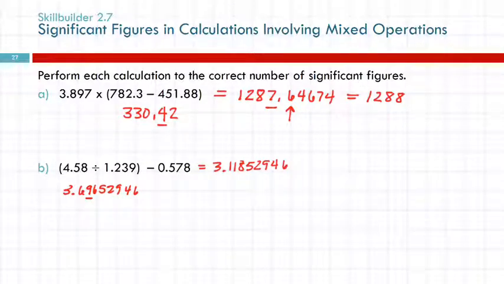When I'm subtracting, I'm looking at decimal places. So this number, I underlined the last significant figure. So this has 2 decimal places. The rest of that is just stuff that I'm carrying along. So 2 decimal places, 3 decimal places. So I should round this result to 2 decimal places. So that's going to be right there. And I look at the next digit to figure out how to round it. And so that result is 3.12.